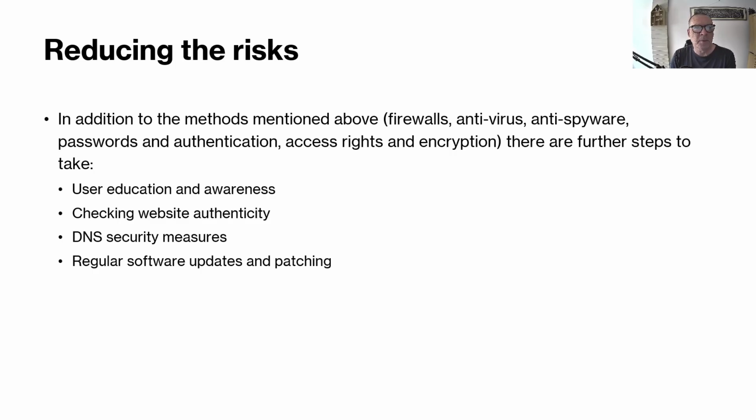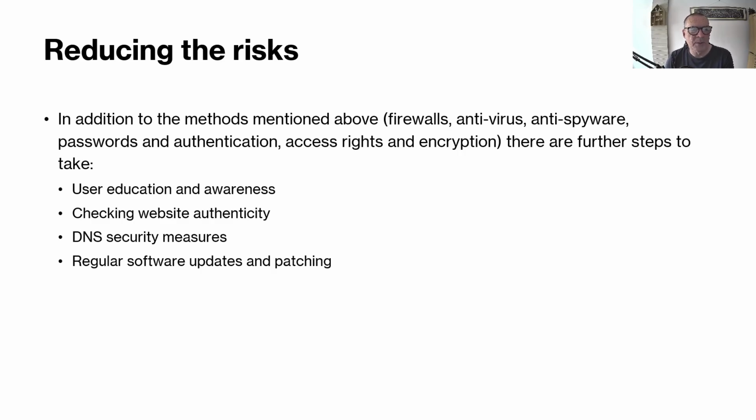Okay, so we've seen some of the risks and threats to systems. How do we reduce the risks? Well, we've already seen firewalls, antivirus, anti-spyware, password authentication, having different access rights and encryption. But there's more we can do. We can educate the users of the system, make them more aware of these risks and what to do about them.